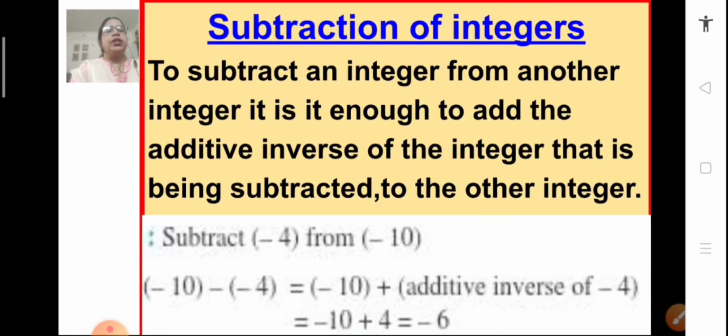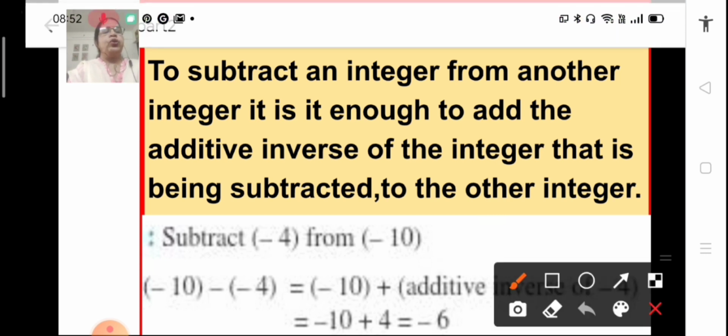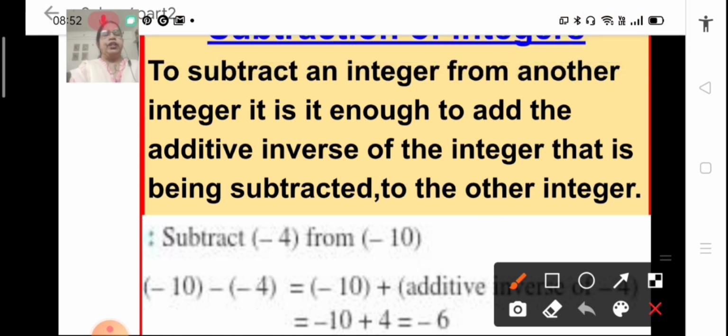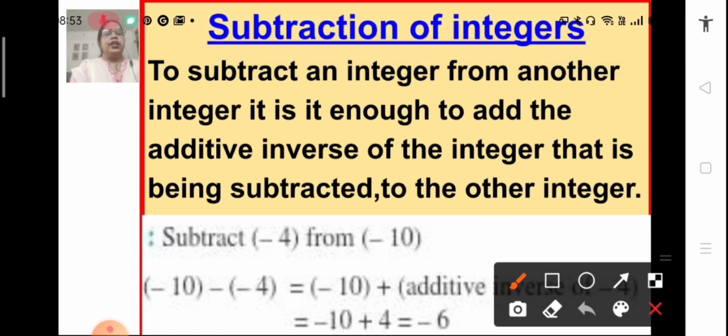So we have to remember this about subtraction of integers. To subtract an integer from another integer, it is enough to add the additive inverse of the integer that is being subtracted to the other integer. This means if we have to subtract a negative integer from another integer, then instead of subtracting the negative integer, we can take the additive inverse of the negative integer and add it.